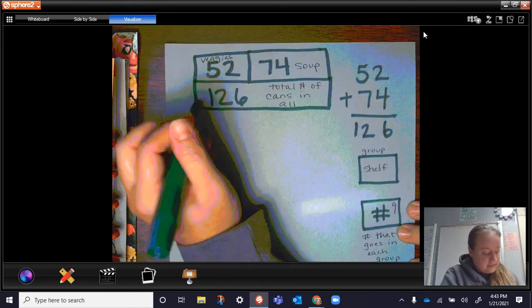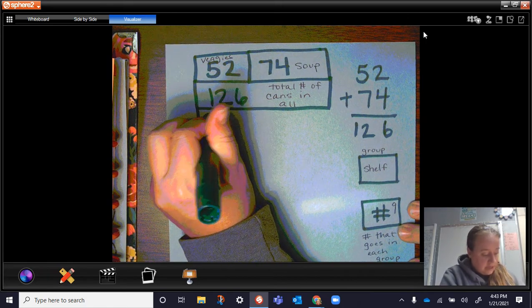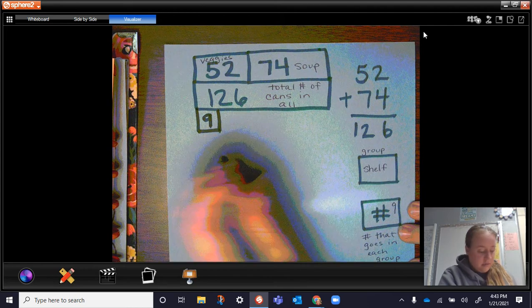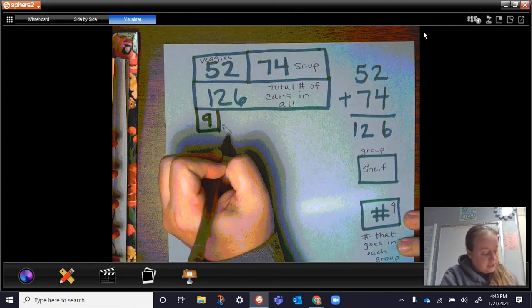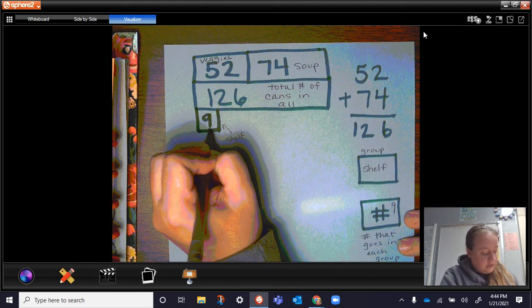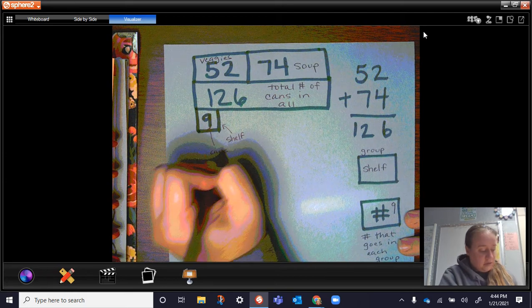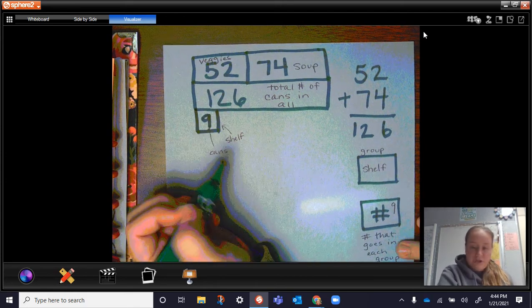What it did tell us is that one shelf is going to have 9 cans. So this box, this group right here, stands for a shelf, and this 9 right here stands for how many cans go on the shelf.